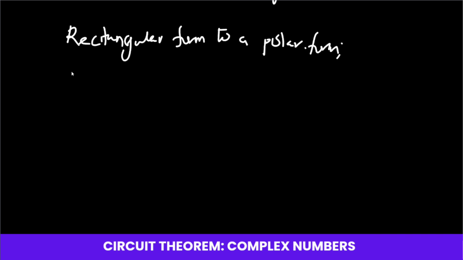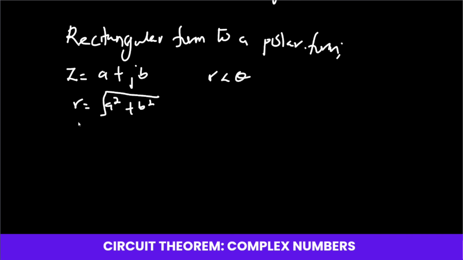Our rectangular form is where we have z is equal to a plus jb, and we are converting it to look like our polar form, which is r angle theta. So what do we do? Our r is equal to the square root of a squared plus b squared, and our theta is equal to tan inverse of b over a.